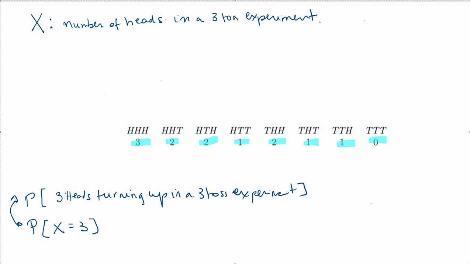So this one says, what's the chance, likelihood, or probability of 3 heads turning up in a 3-toss experiment? And in the bottom here, it's just, what's the probability of X equal to 3? Right? What is X? Well, X is this variable that I created that represents the number of heads in a 3-toss experiment. Okay?